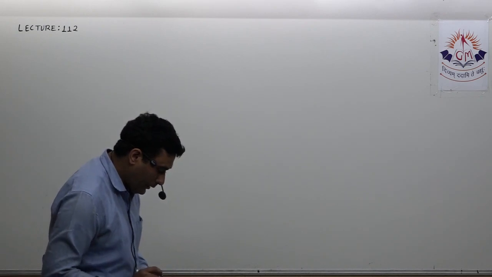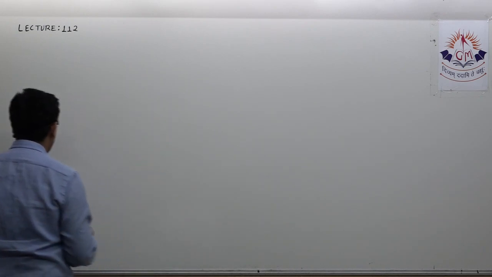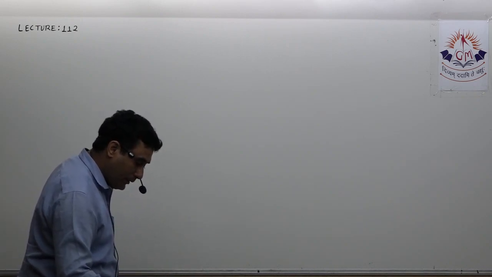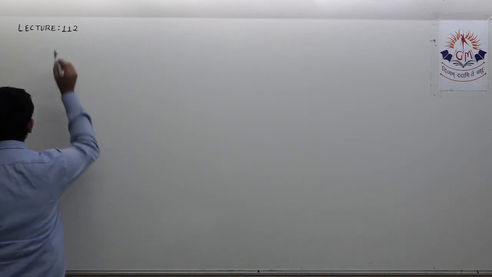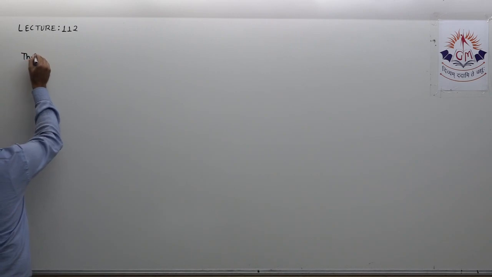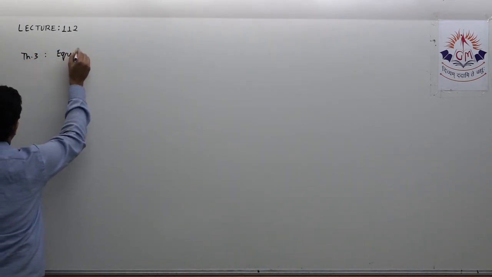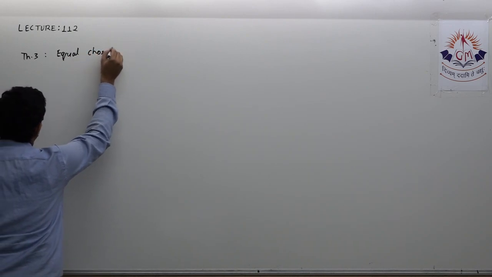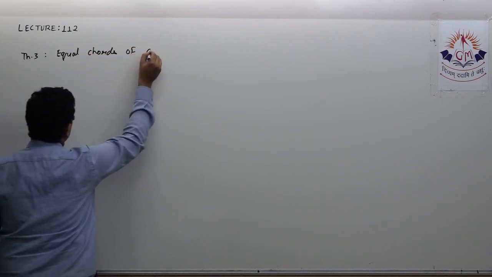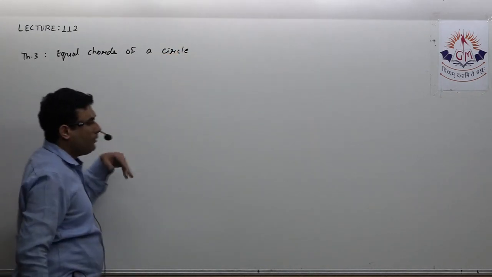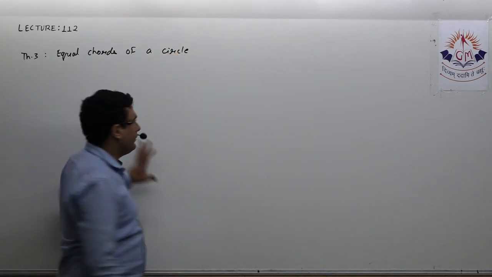The third theorem is: equal chords of a circle are equidistant from the center. For this chapter, this is theorem number 3. Equal chords of a circle, or of congruent circles, it is the same thing.